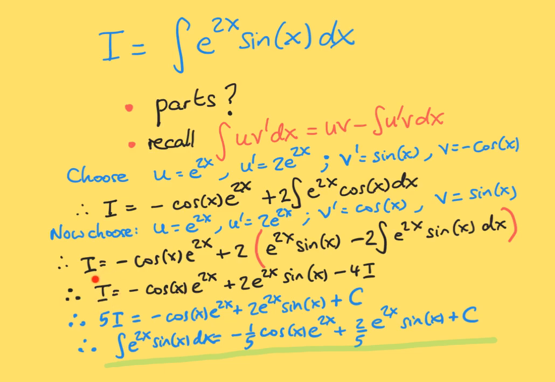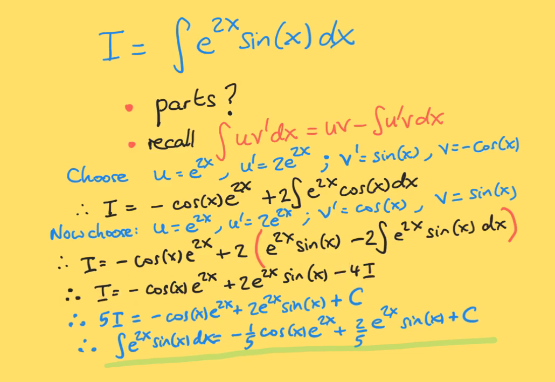Instead, we've got that our integral is some algebra plus some number, here minus 4, times our original integral. So by using integration by parts twice, we have turned this definition into an algebraic equation for our integral.